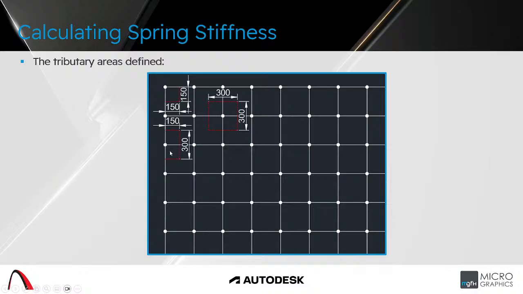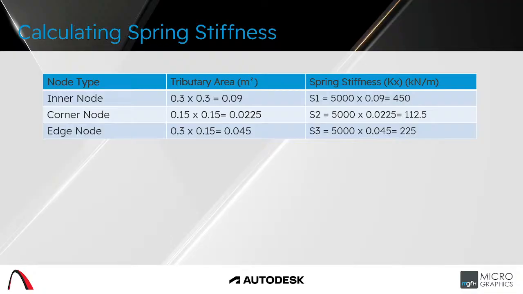And then the third spring type will be the one at the edge, where it'll be half of the inner coordinate. And if I move to the next tab, you will see how I calculated the spring stiffness for each spring element, which is spring 1, spring 2, and 3.